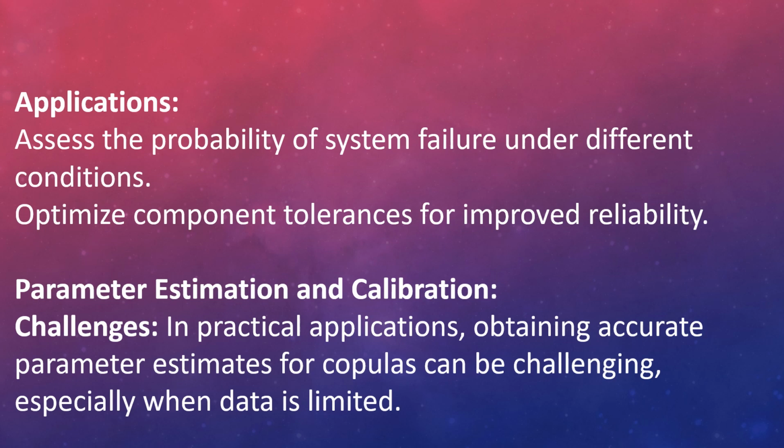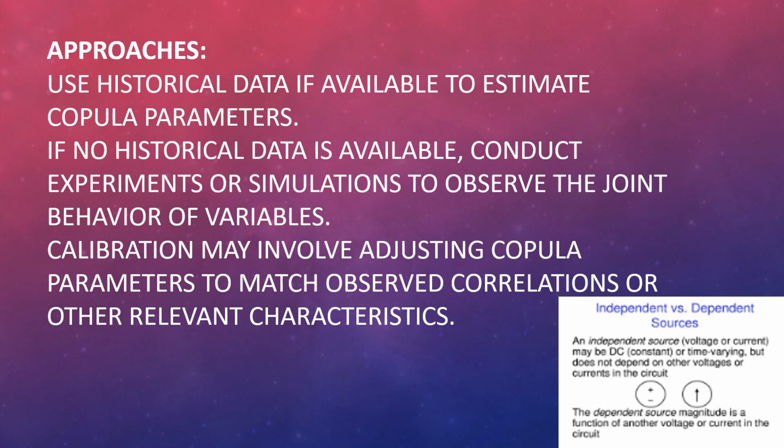Parameter estimation and calibration challenge. In practical applications, obtaining accurate parameter estimates can be challenging, especially when the data is limited. In practice, values differ by 0.1 or 0.2 from theory. Approach: use historical data, if available, to estimate copula parameters.